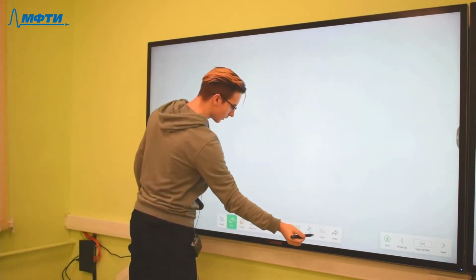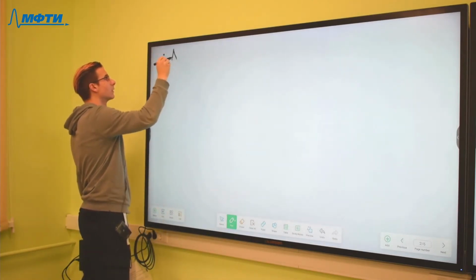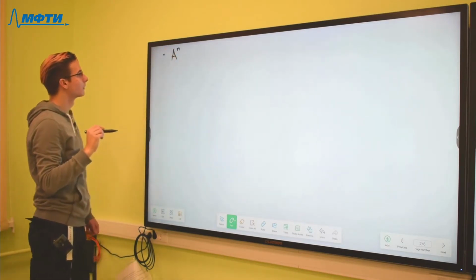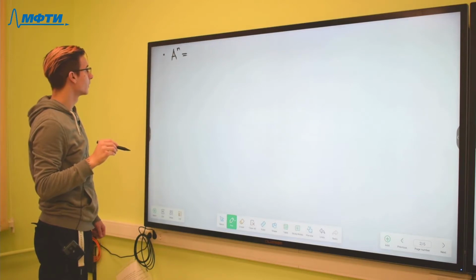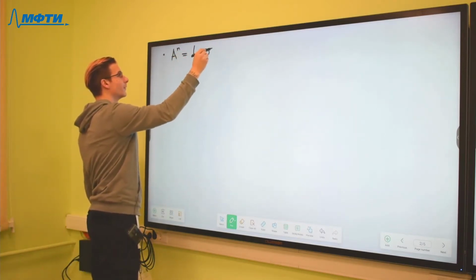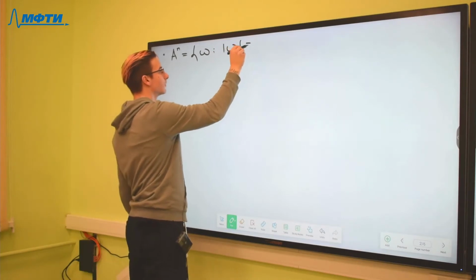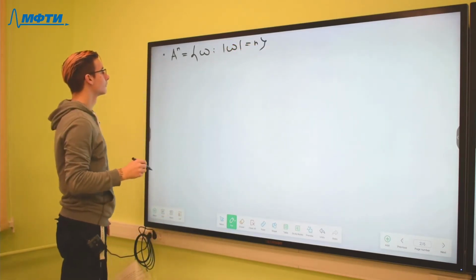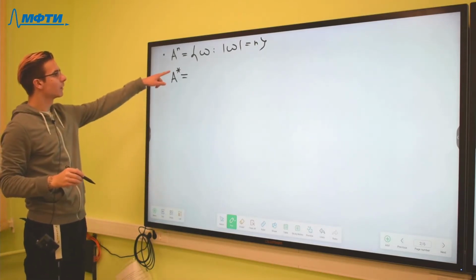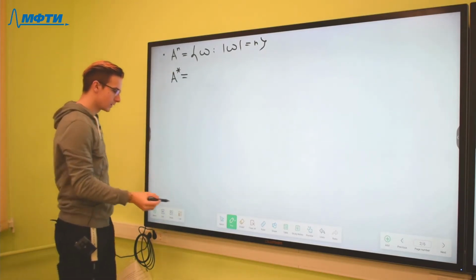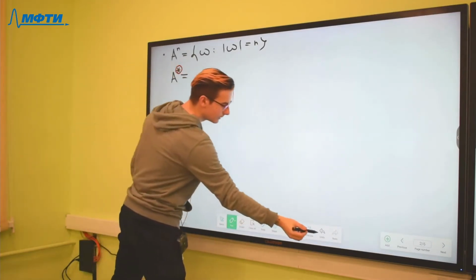And then we say that A to the power n is the set of words that have length equal to n, and A with the asterisk is named the Kleene star.